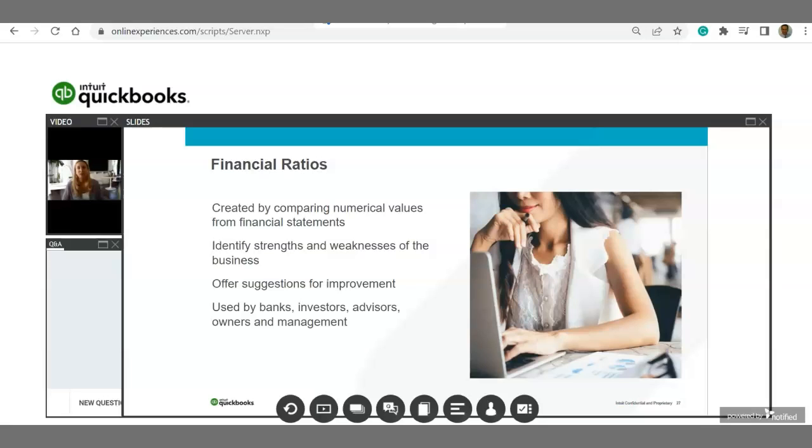So it helps you shed light on the health and performance of the business. These comparisons will identify strengths and weaknesses. The result of the ratio will then help you offer suggestions for improvement.